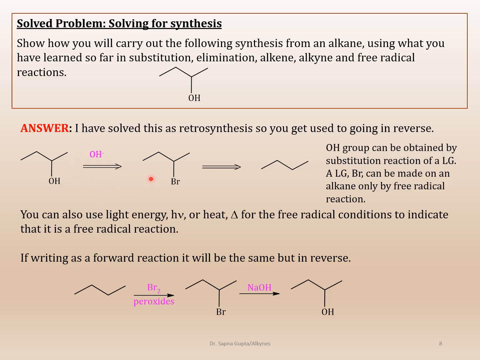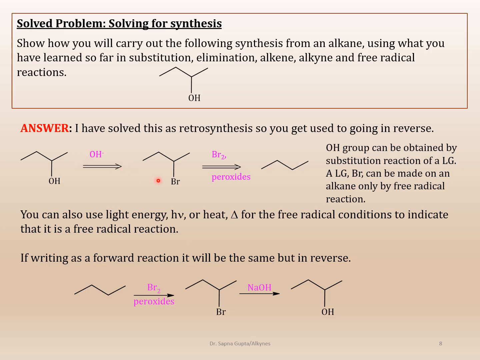So here a hydroxide SN2 substitution will give us this. And if you do bromination on this alkane, it will give you this. The only thing you have to do here when you do retrosynthesis is think in opposite ways. Because this is the product, this is the reactant. It's not the other way around.